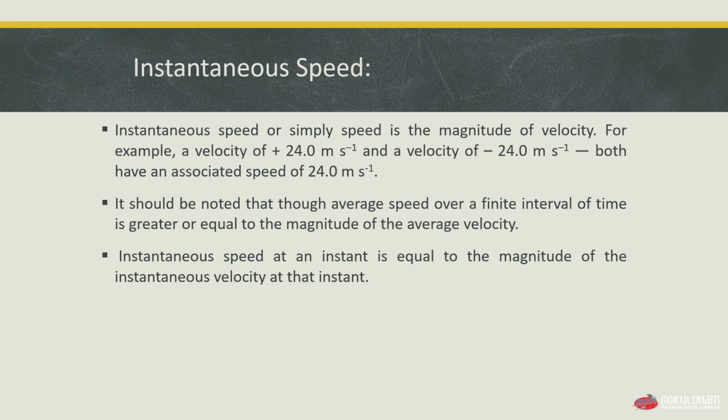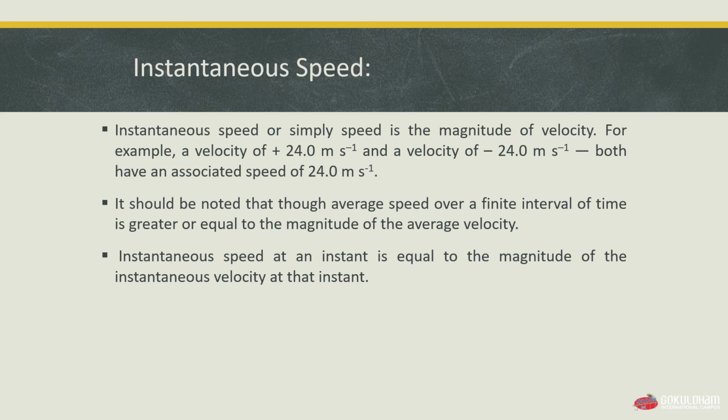As we have also discussed earlier, in case of speed, we do not know in which direction the object is moving. We always assume that the object is moving in the forward direction and it will give us the answer in positive. So whether we take the velocity as plus 24 or minus 24, it will not affect the value of speed. The value of speed will be 24 meter per second.